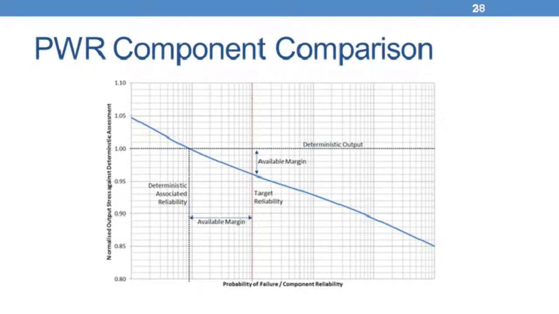So in this case, a set of deterministic inputs that is the accepted deterministic case for this component shows an excess reliability when compared to the target. So again, this provides a basis for challenging each of the inputs and an opportunity to trade this margin within the wider system.